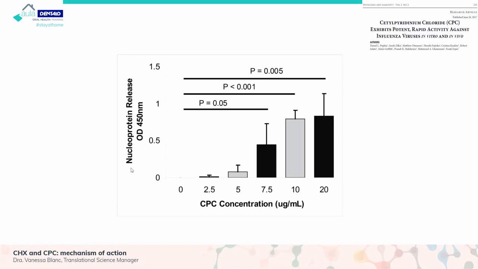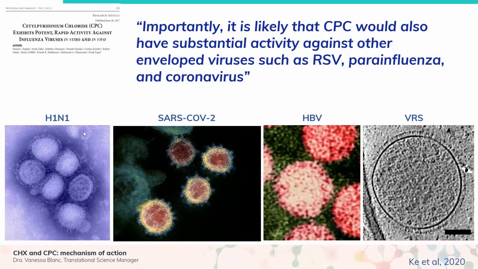They found that the exposure of virus to increasing concentrations resulted in significantly increased levels of viral nucleoprotein in the media supernatant. So taken together, these results demonstrate that CPC can act against influenza virus by a rapid disruption of the viral envelope. And the authors make this statement.